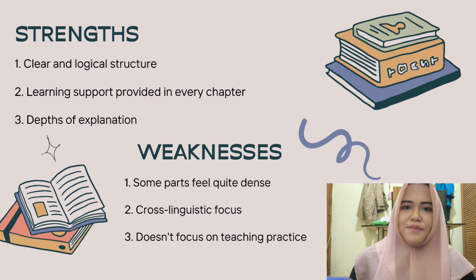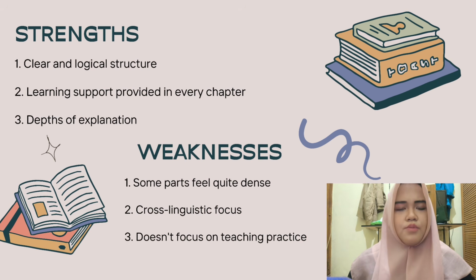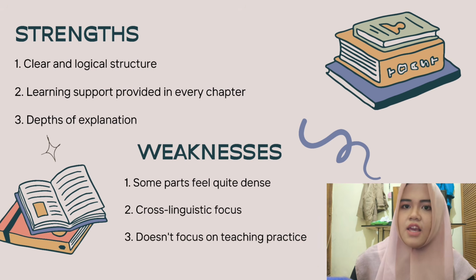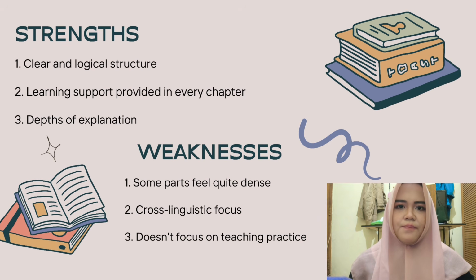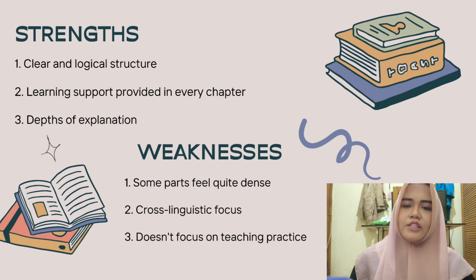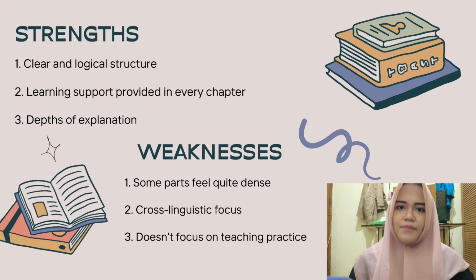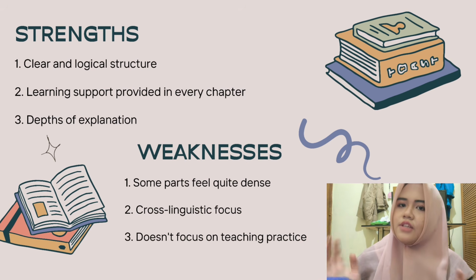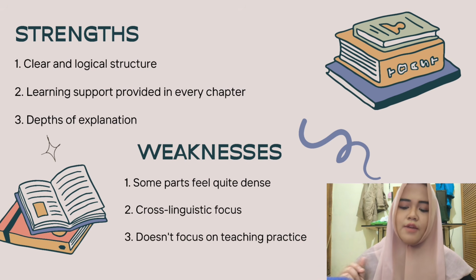For example, the writer begins with simple examples like nut plus s, which is nuts, showing how a word can be broken into meaningful parts. Then he builds up to more complex forms like rewriting, where you can clearly see multiple layers of meaning. This step-by-step progression makes the ideas easier to follow, especially for beginners.